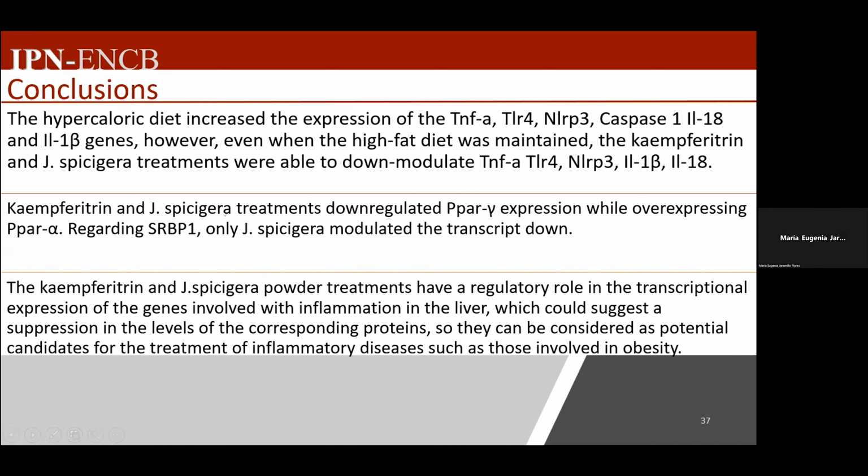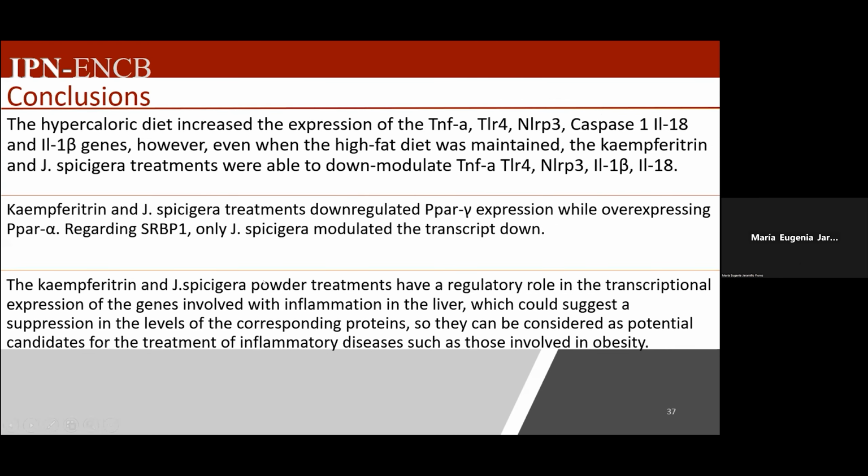Kaempferitrin and Justicia treatments downregulate PPAR gamma expression while overexpressing PPAR alpha. Regarding SREBP1C, only Justicia spicigera modulated the transcript down.